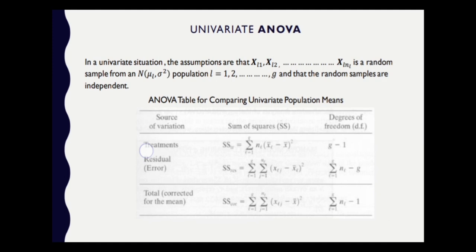Okay, more than 2 populations need to be compared. Alright, so you will have the populations from matrix x11 until matrix x1 and 1.